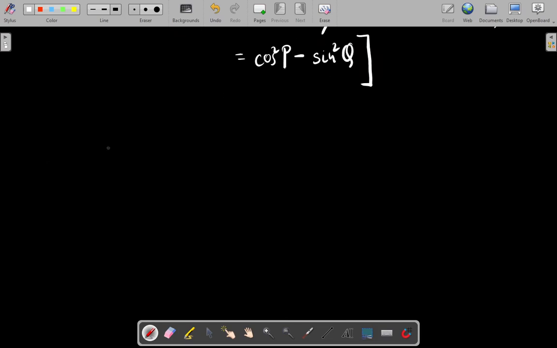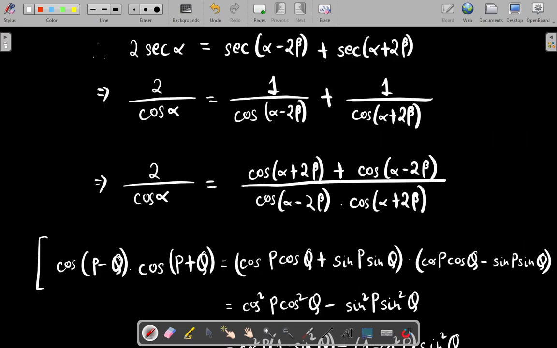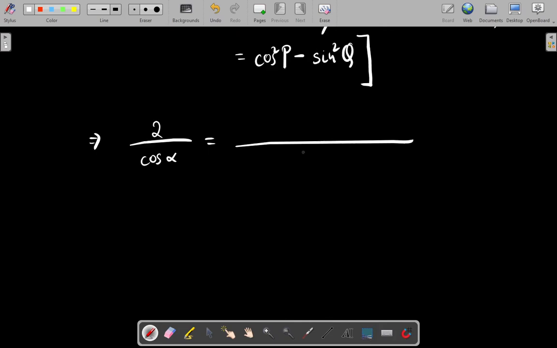Okay, so this gives us 2 upon cos alpha. In the numerator, on opening this bracket, this will give us cos alpha cos 2 beta minus sin alpha sin 2 beta, and similarly cos alpha cos 2 beta plus sin alpha sin 2 beta. The two sin terms cancel each other, so we are left with 2 times cos alpha cos 2 beta.